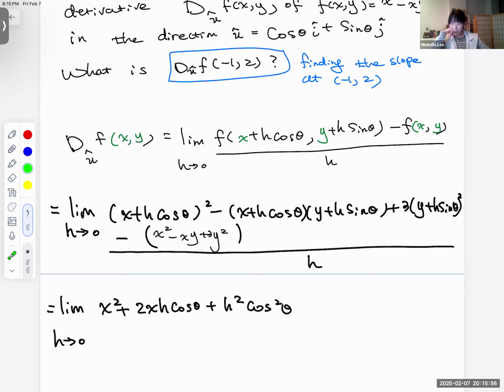Okay, so distribute, but we have a negative. Let me slow down. So negative xy, distribute, but we have a negative, so negative xh sine theta, right?